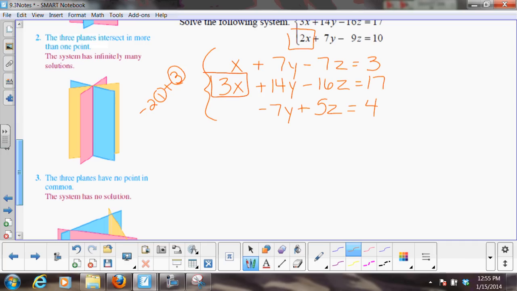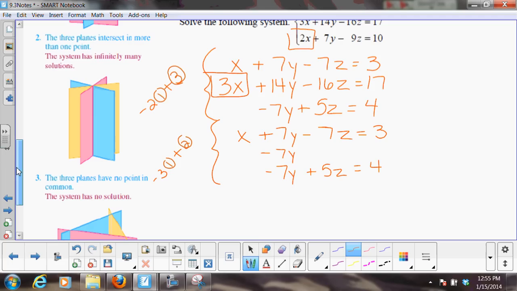Now I have to get rid of that 3x. So I'm going to multiply row 1 by negative 3 and add it to row 2. So I'm not touching the first one. I'm not touching the last one. Touching the one in the middle. So negative 3x plus 3x goes away. Negative 3 times 7 plus 14 is negative 7.